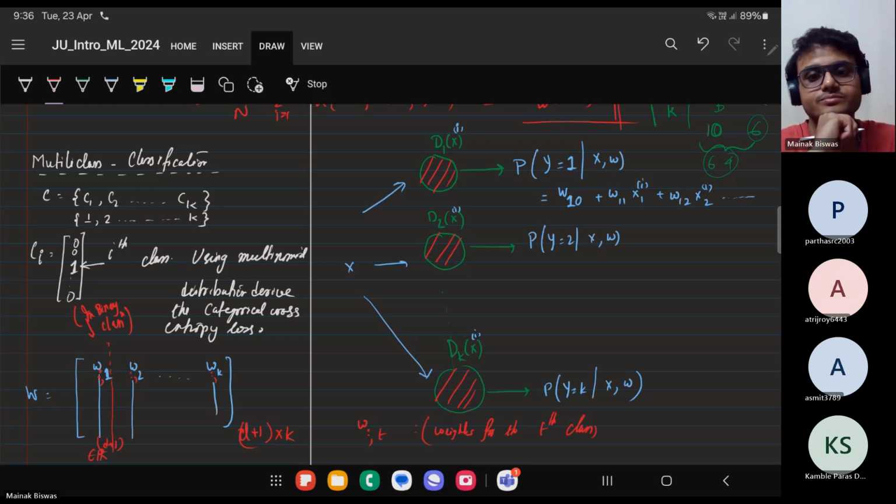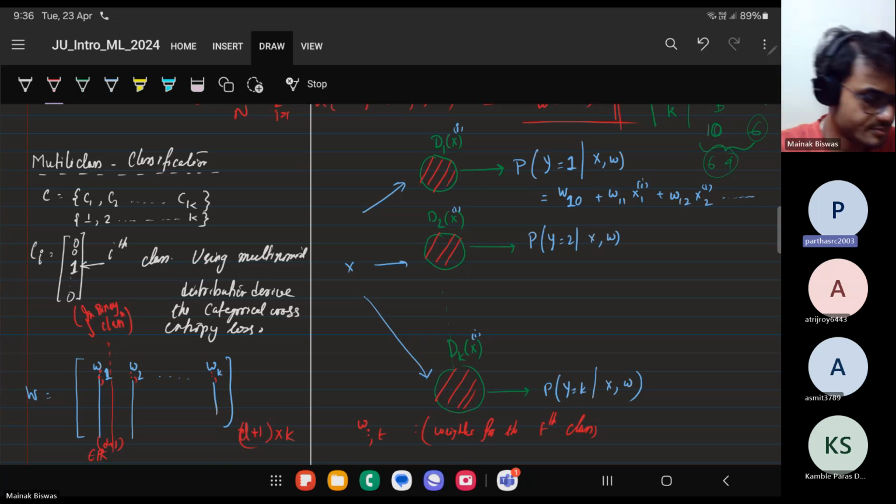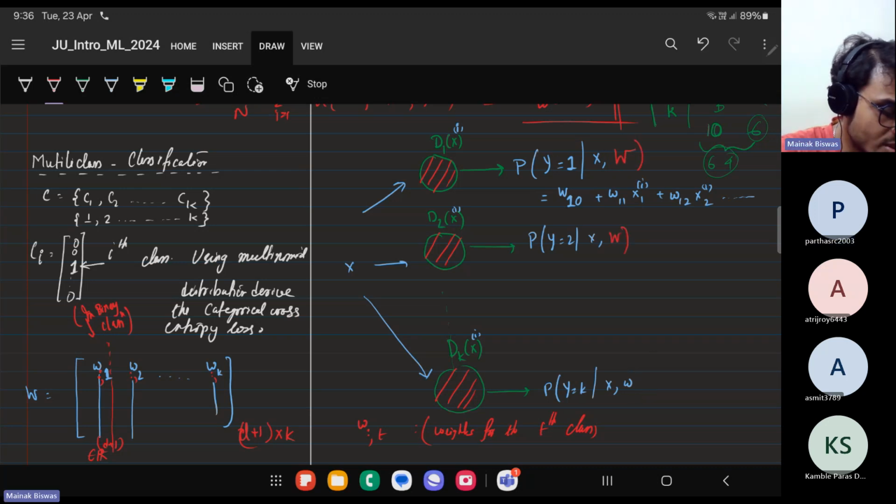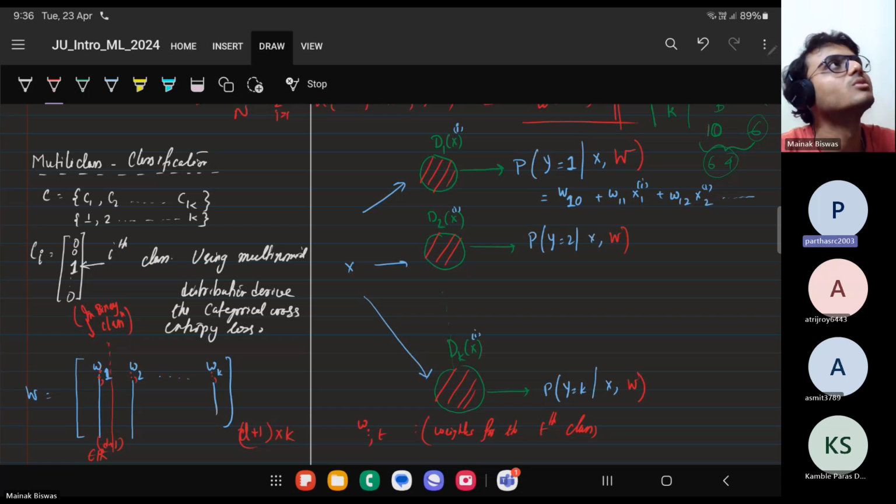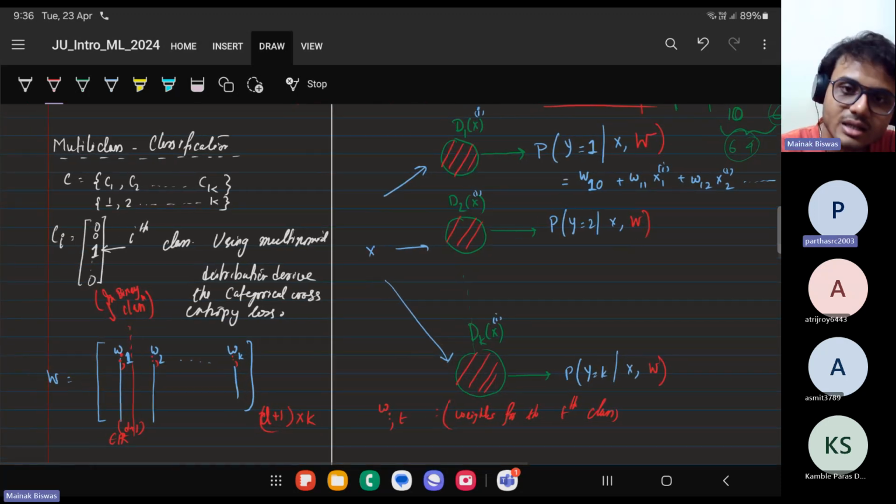Is that okay? So where you wrote p of y equals 1 given x, w, that would be w01 plus w11 plus w21, right? W is everything. W is the W matrix. Whatever is essential you take. Wherever it is not essential, say x is independent of y, it is implied.